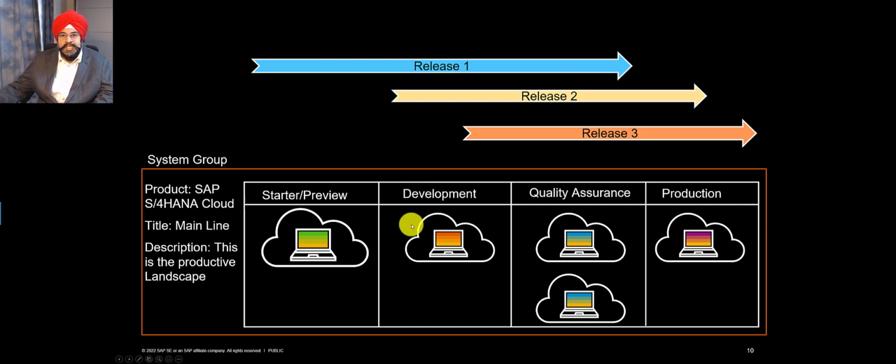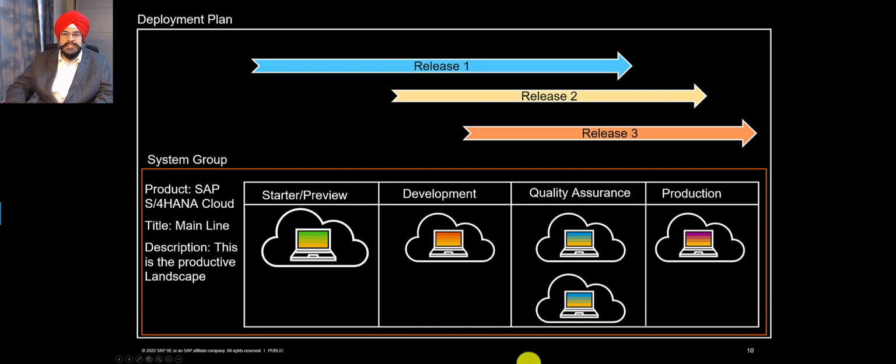As an example, if there is an upgrade event, then you want to know the timing of that as well as which exact system is impacted. The same is true if you are doing a multi-country rollout on a particular landscape: you want to model the start and end dates for that rollout via this release. So this is where the release information and the landscape information should work hand in hand, and that jointly is called a deployment plan.